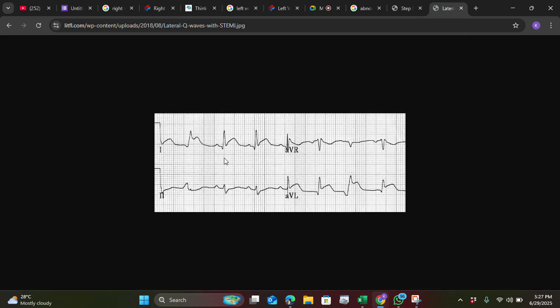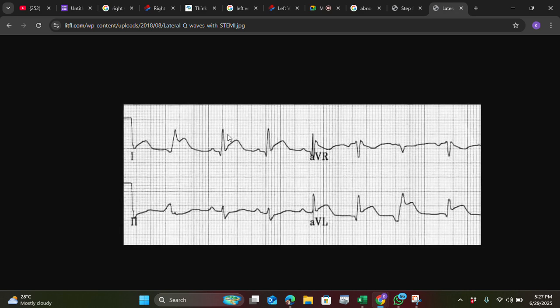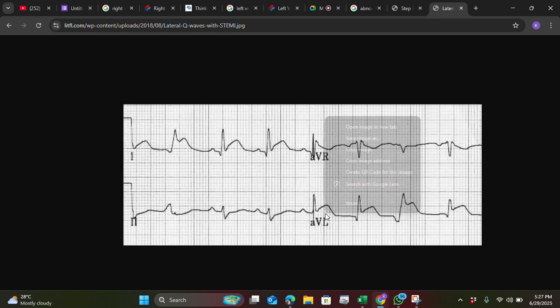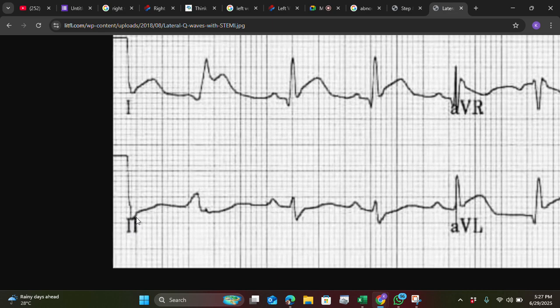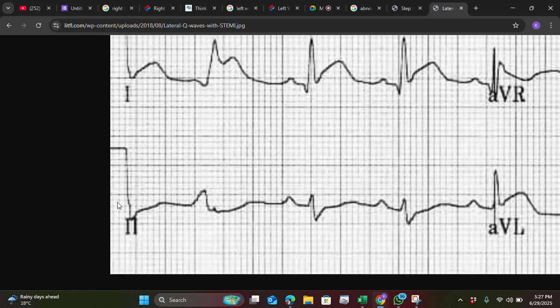So let's look at this wave now. I'm seeing something in lead 1, lead 2. I don't know if you guys can see this lead 2 very well. This is about lead 3.